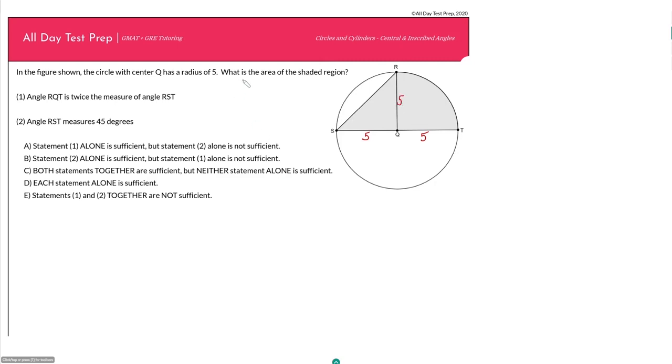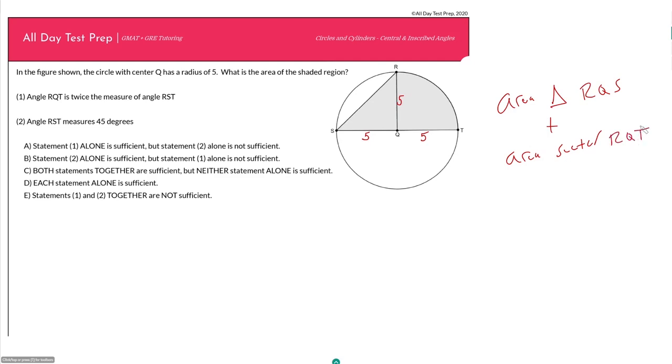Now, if they were asking us for the area of our shaded region, and we said before that's really our triangle and our pie wedge, or our sector, we can rephrase this question as we want the area of the triangle RQS, plus the area of sector RQT, I guess you can call it.